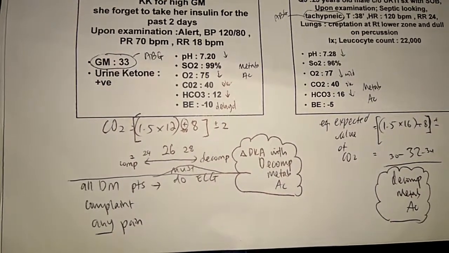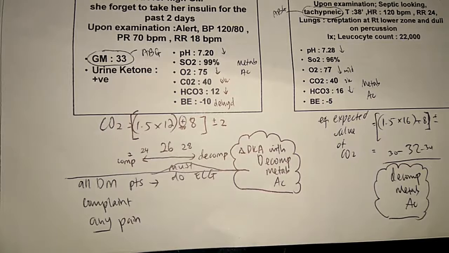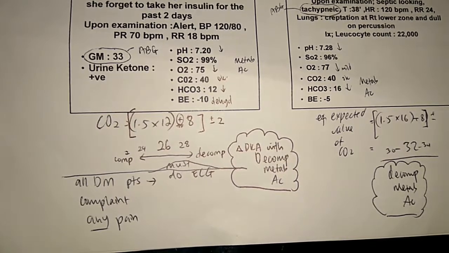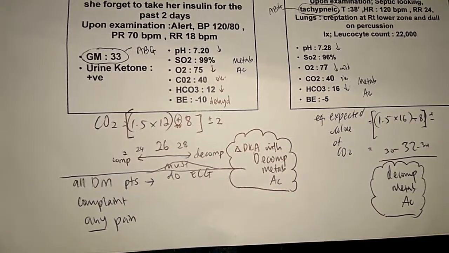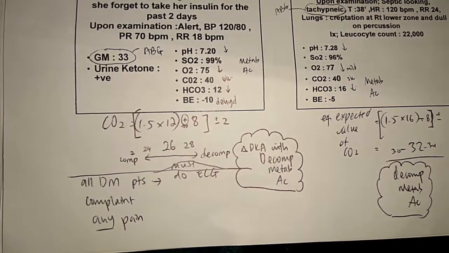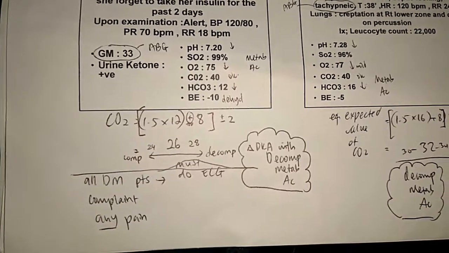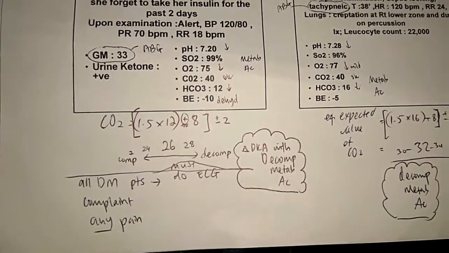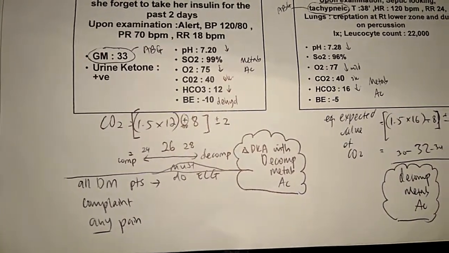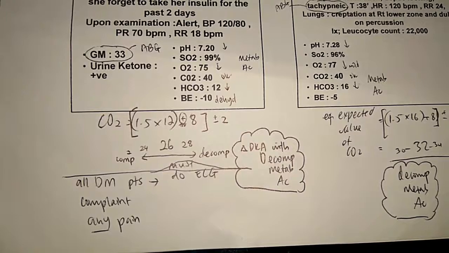Why I said decompensated is because when we count the CO2, formula 1.5 times bicarb, which is 12, plus 8, plus or minus 2, we need 24 to 28, and her carbon dioxide is 40. 40 is considered very high for this patient, so it is decompensated, even though by normal value it is still within the normal range, which is 35 to 45.